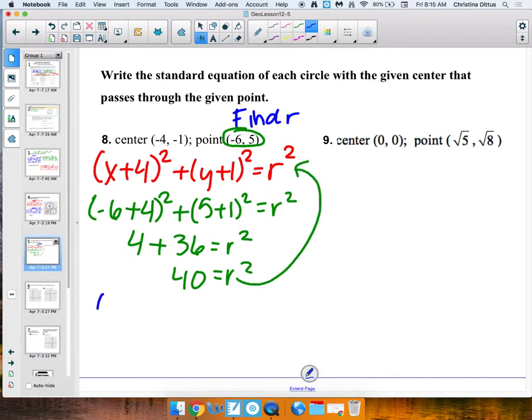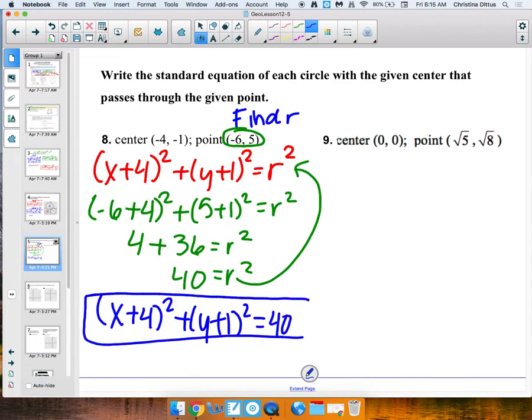So our formula: x plus 4 squared plus y plus 1 squared equals 40. Questions there?